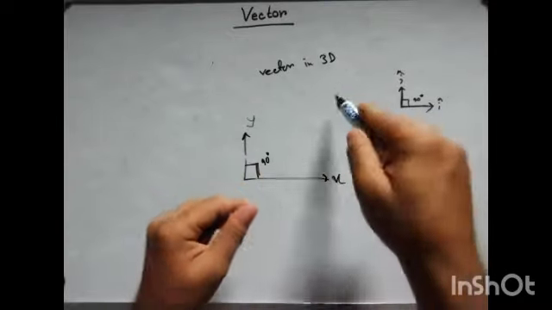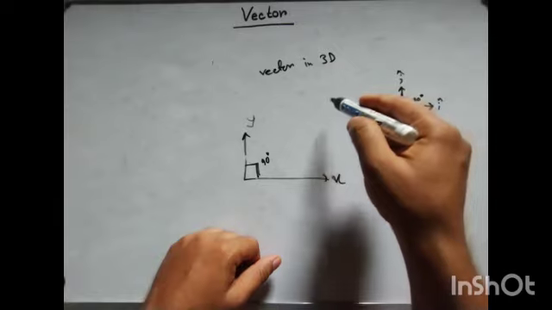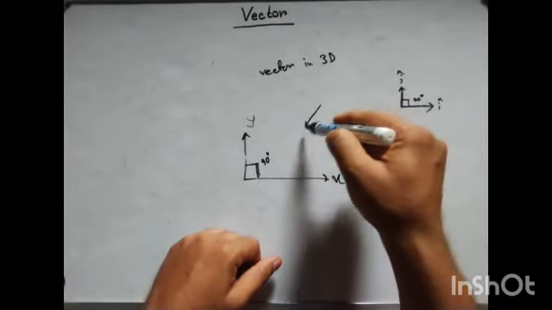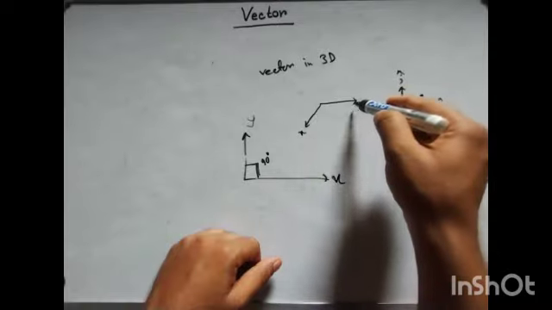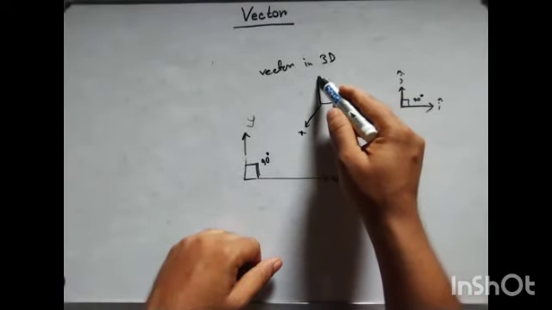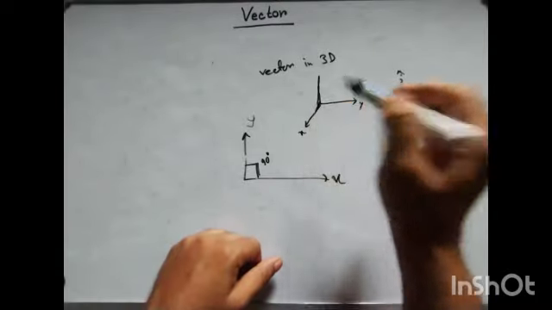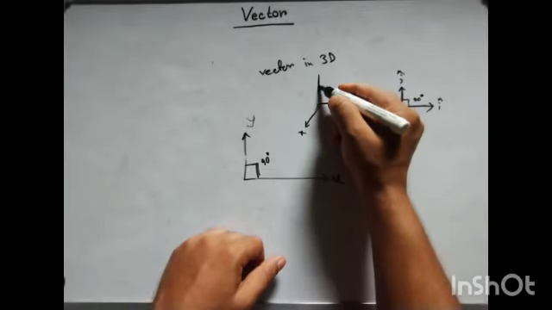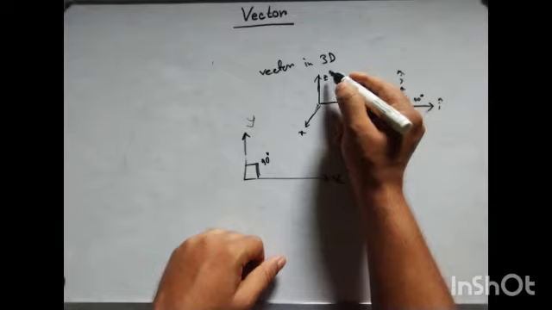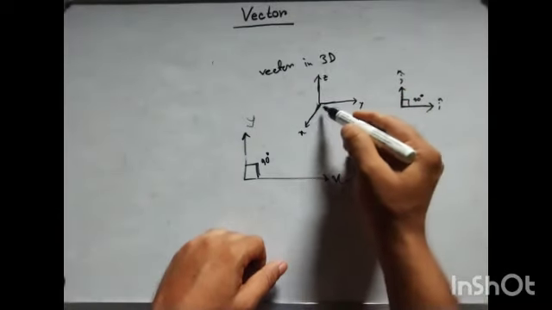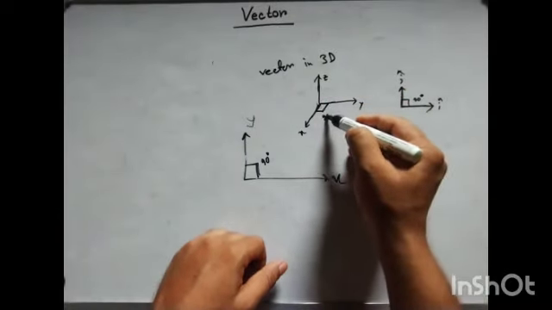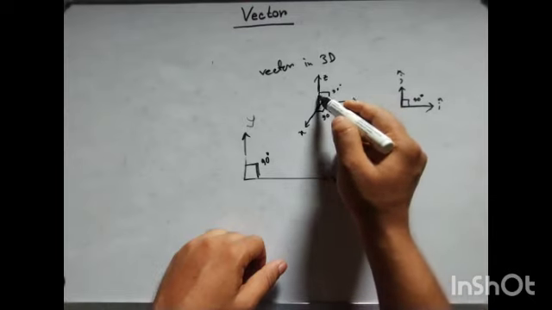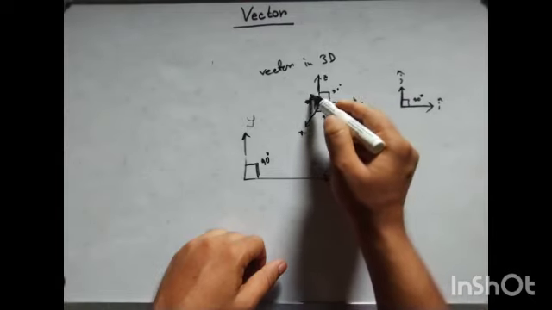Now in 2D, if I try to draw 3D, then we draw like this. This is our x-axis, this is the y-axis, and this is the z-axis. So this is 90 degrees, this is also 90 degrees, and this is also 90 degrees.